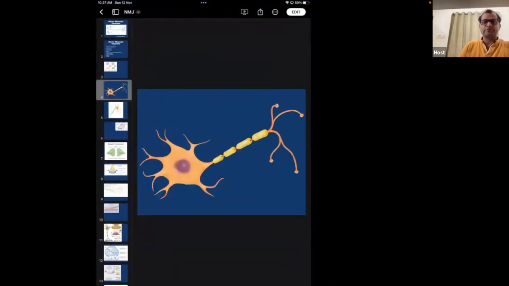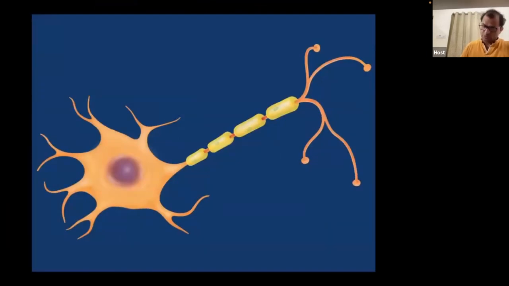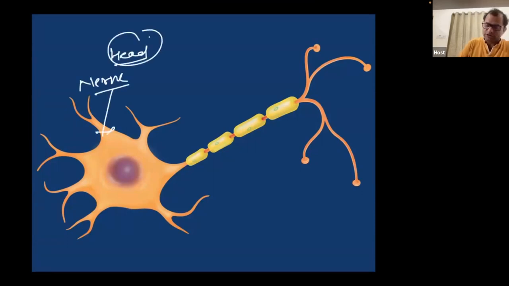So look at here now. We can see this is the nerve. From the spinal cord, this part of the nerve is taking exit. This is called the head of the nerve, and the last part is called the tail of the nerve.